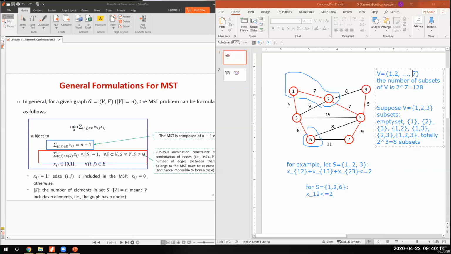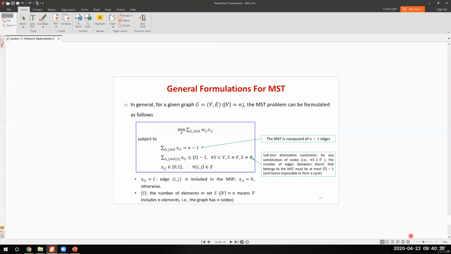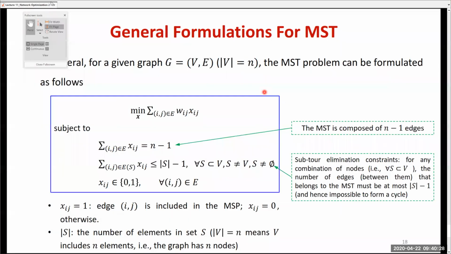That's the reason why this method, theoretically, of course, is correct, but it's not that practical. Simply because this means for any S in V.